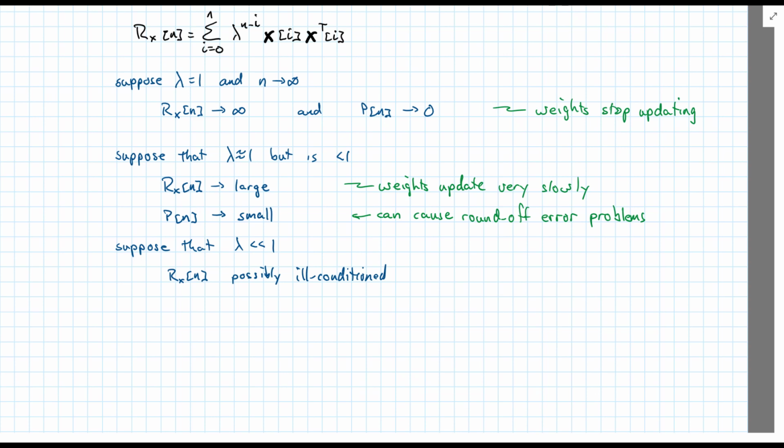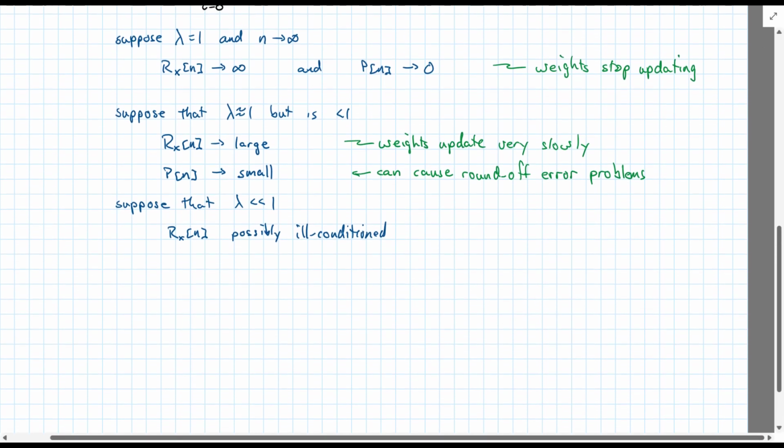And the eigenvalues are going to be a function of these outer products. If those outer products are multiplied by something that's very small, and some of them are multiplied by something that's very large, it's going to cause a large eigenvalue spread.